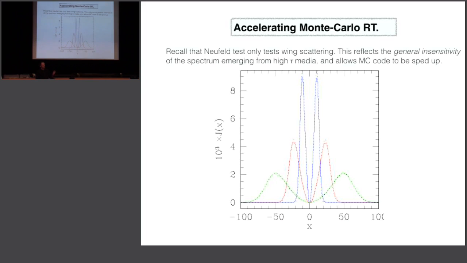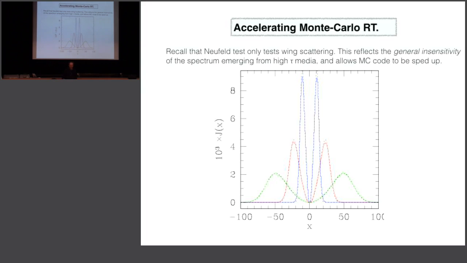It should have taken like 1 million scattering events per photon to escape, and they came out after 1,000, and it looked perfect, right? So I really thought that there was a mistake in Adam's analysis for actually a few weeks. I was trying to figure it out, couldn't find it, and it turned out there was a bug in my code for core scattering, which sort of forced my photons into the wing by mistake. But once they're in the wing, it was fine, because the wing scattering part was working just fine.